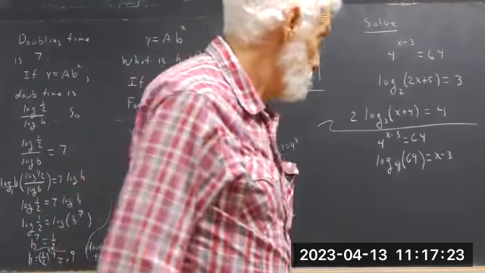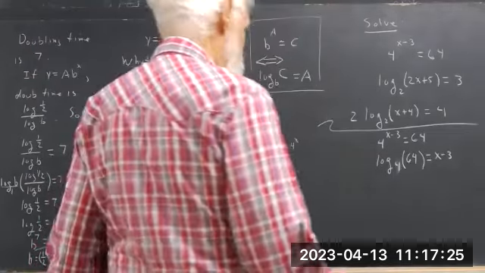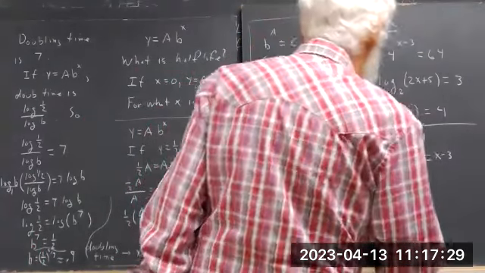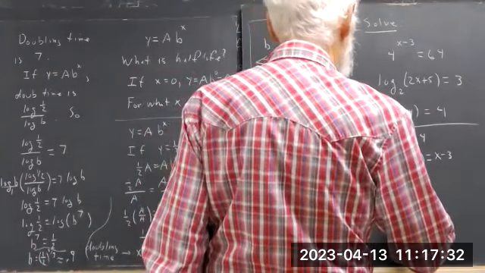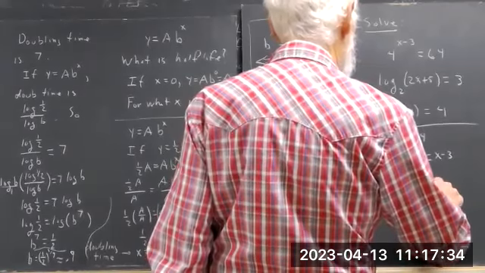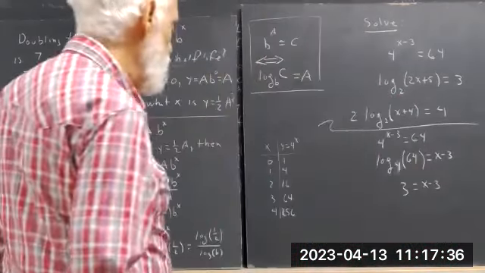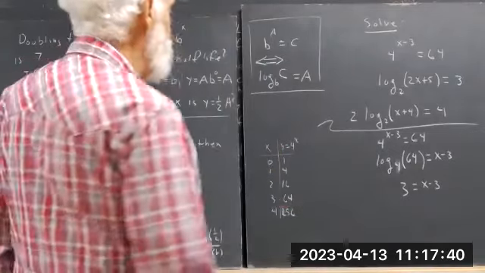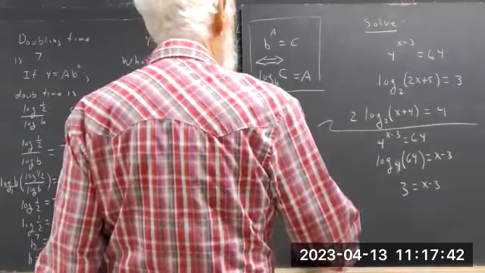Okay. Log base 4 of 64 has to be 3. Why? Because 4 to the third is 64. Here's your table for 4 to the x.